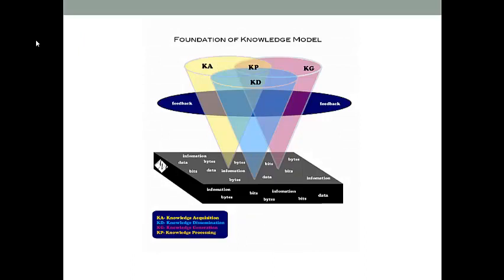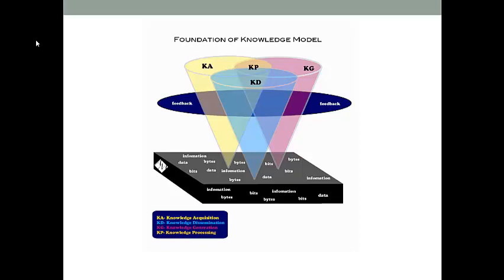This picture shows everyone the focuses of information science. On the top, we have KA, KD, KG, and KP. KA represents knowledge acquisition. Another term is data collection. KP represents knowledge processing. Another term is data analysis.